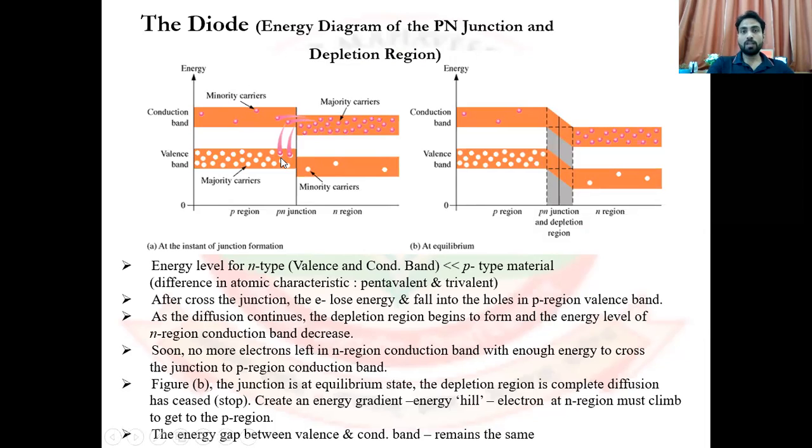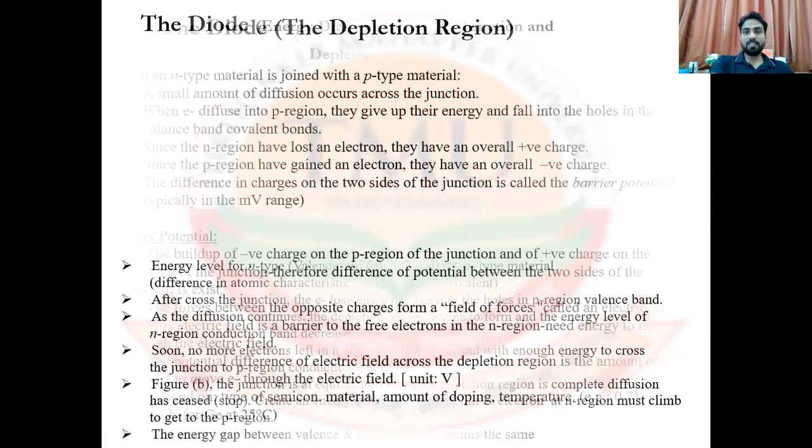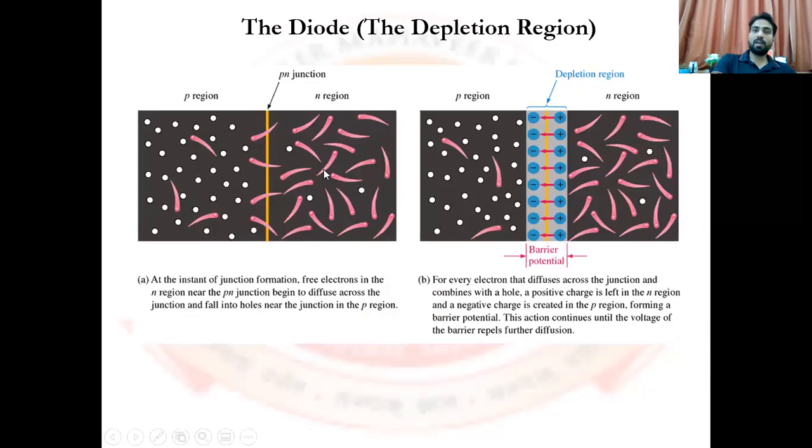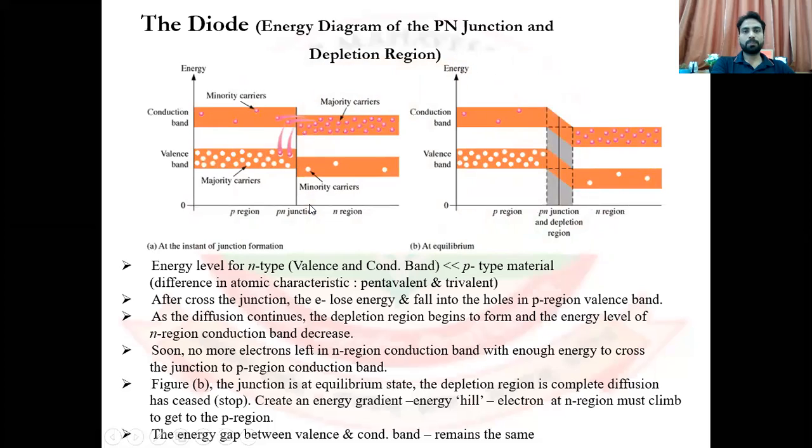So recombination does not take place like in the previous diagram, where we get confused seeing that they are moving here, and they have the hole, so they can easily recombine. Not like that. It is actually movement like this. They are moving here because there is a huge gap. They cannot recombine. They only recombine when an electron loses its energy and becomes a low energy particle.